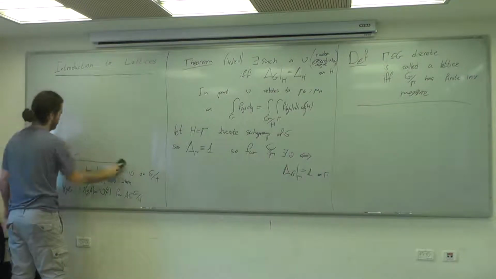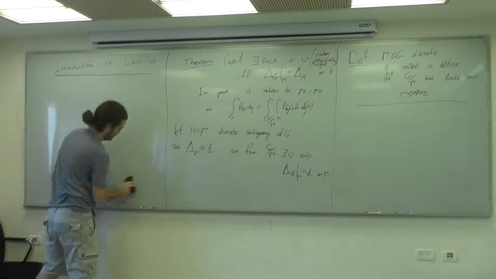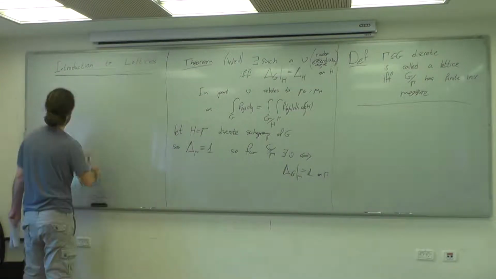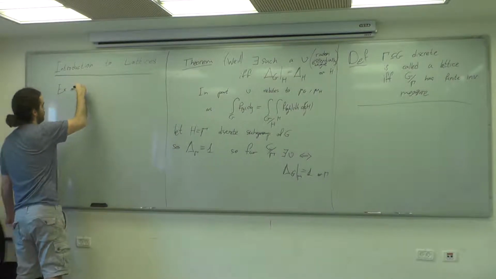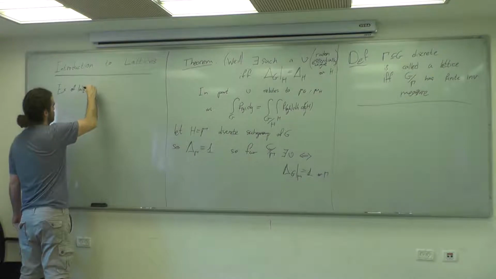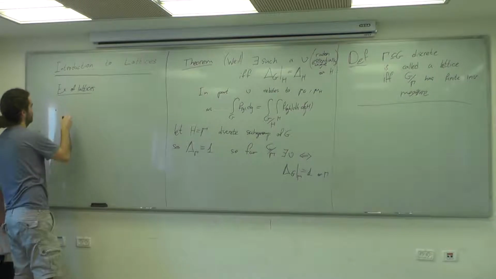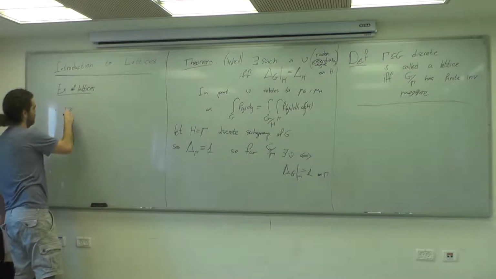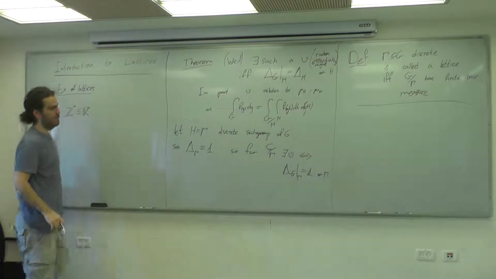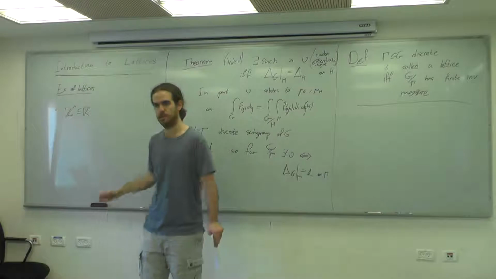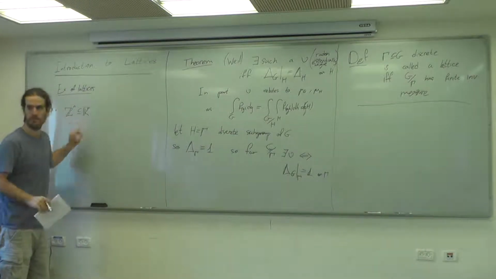A basic example of lattices: first is Z^n in R^n, and we definitely know that the quotient is simply the n-dimensional torus.